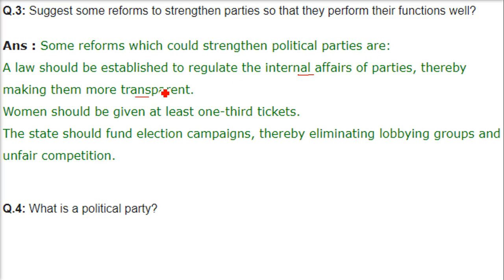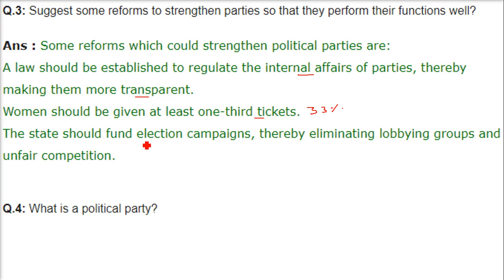They must keep records of the sadasya, the people who belong to the party, information should be passed to these people, and everyone should have an equal chance of coming to the higher posts. And women should be given at least 1/3 tickets, around 33%, or the authority should be given to female candidates.